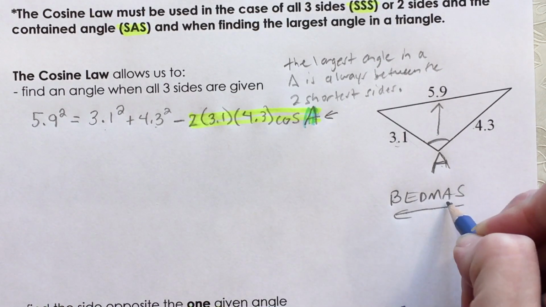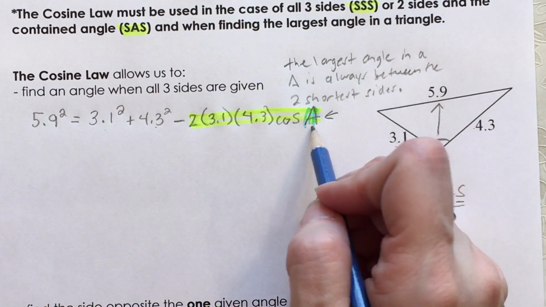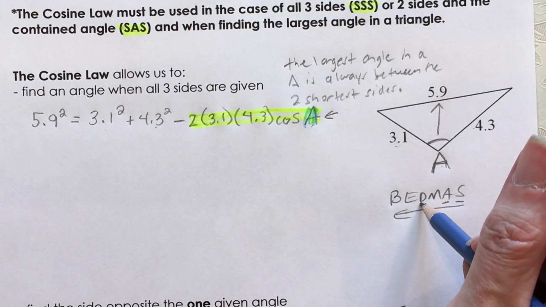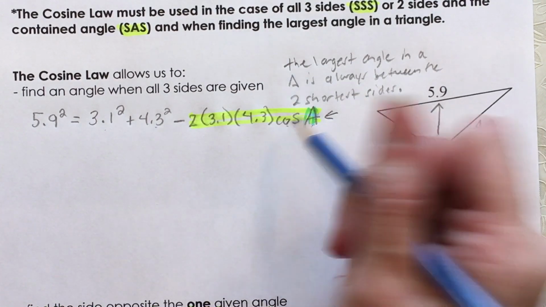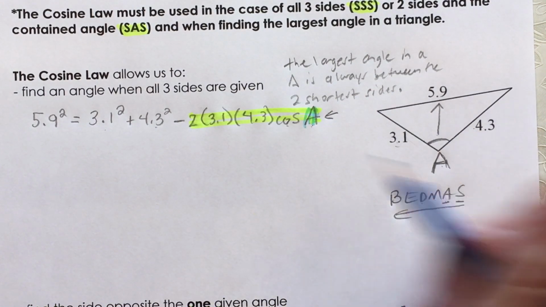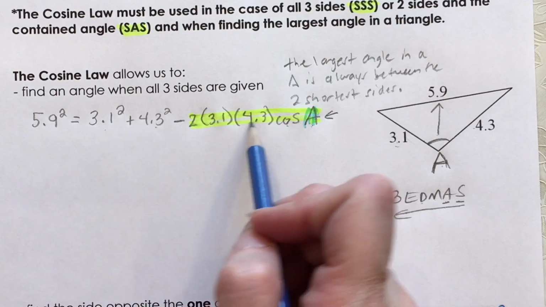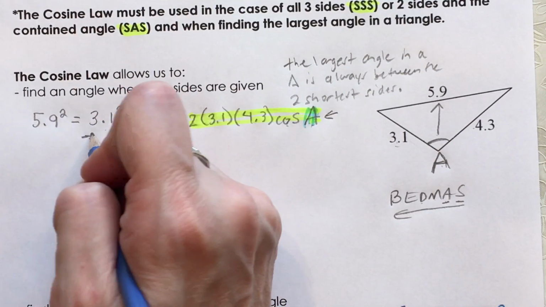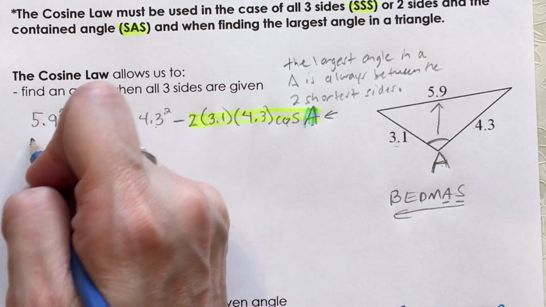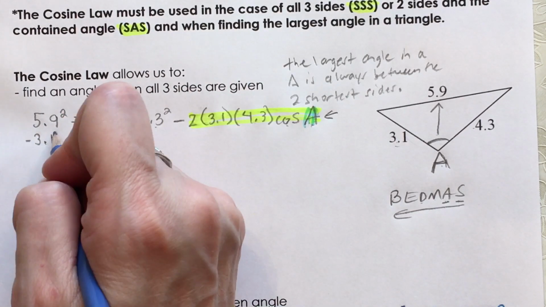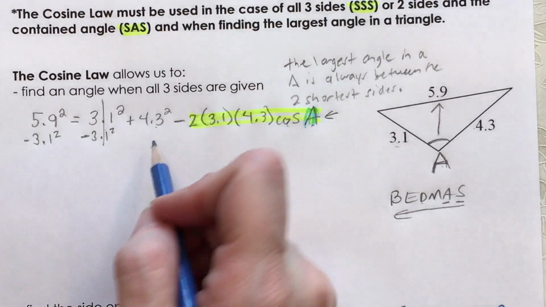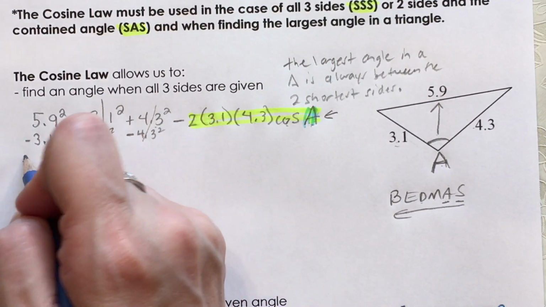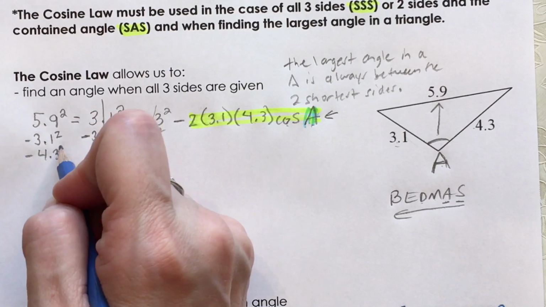So we want to undo any adding or subtracting to angle A before we undo multiplying, dividing, or cos even, okay? So in this case, the 3.1 squared is adding to this term that contains angle A. So we're going to subtract 3.1 squared on both sides. And I'm just going to let my calculator do the work for me there. But I'm also going to subtract 4.3 squared on both sides. And again, let the calculator do the work for me.